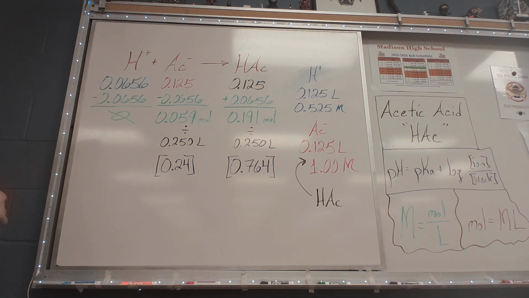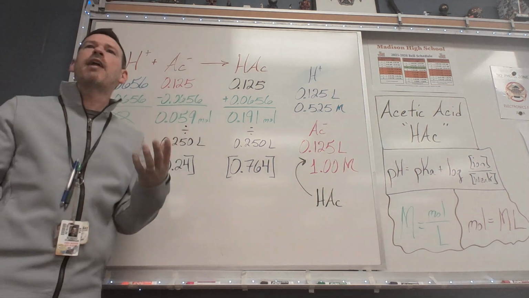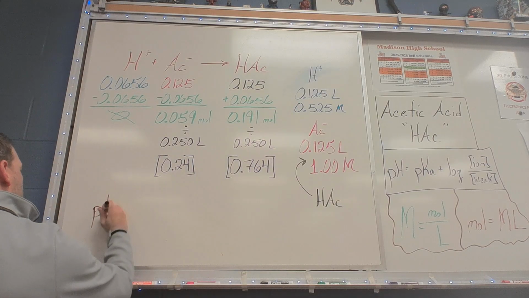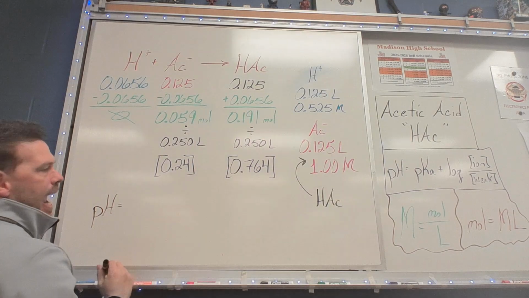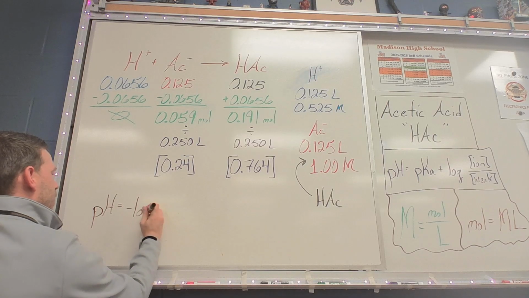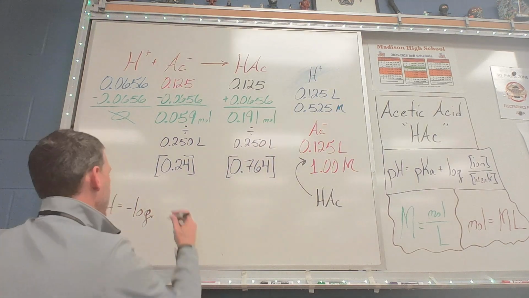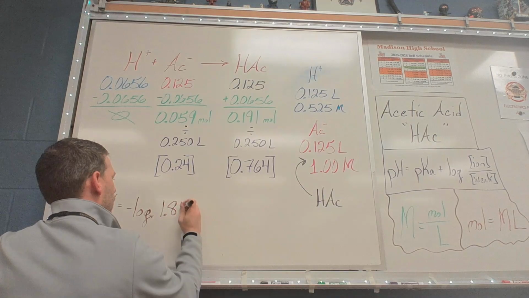Any questions so far? Now, since it's a buffer, though, we're ready to Henderson from yesterday. So here we go. pH equals pKa. P is negative log. Ka, it's up there, 1.8 e negative 5.